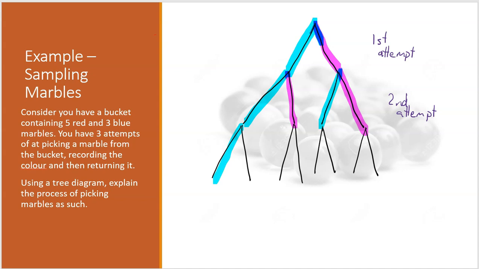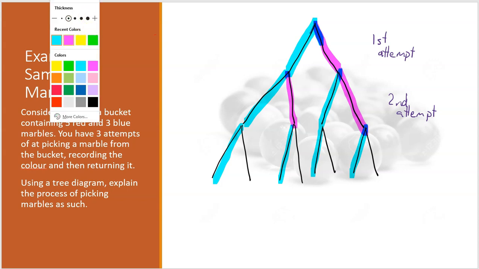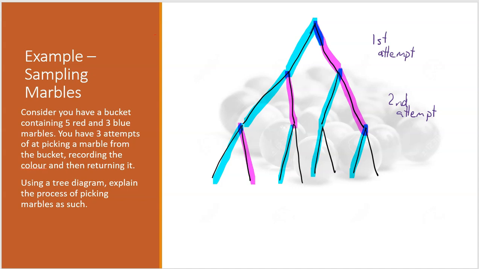And following the convention, we keep going down as such. Now this would be the basic structure of our tree diagram, and down here that's the 3rd attempt. So this is the basic structure of creating a tree diagram to represent the different possibilities of picking from a bucket of marbles containing 3 red and 5 blue.